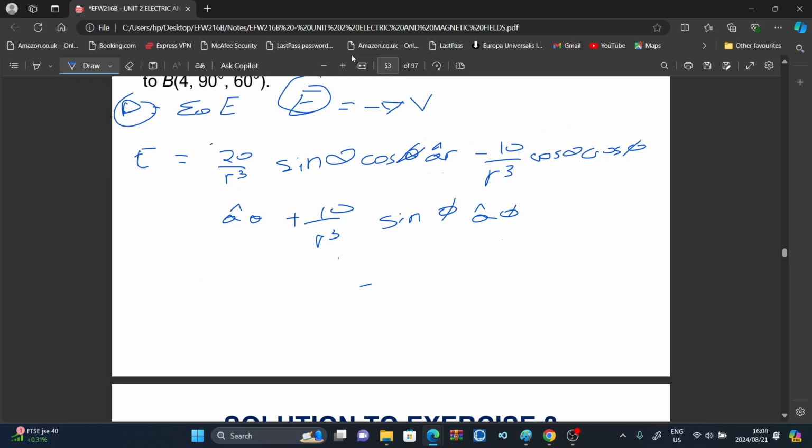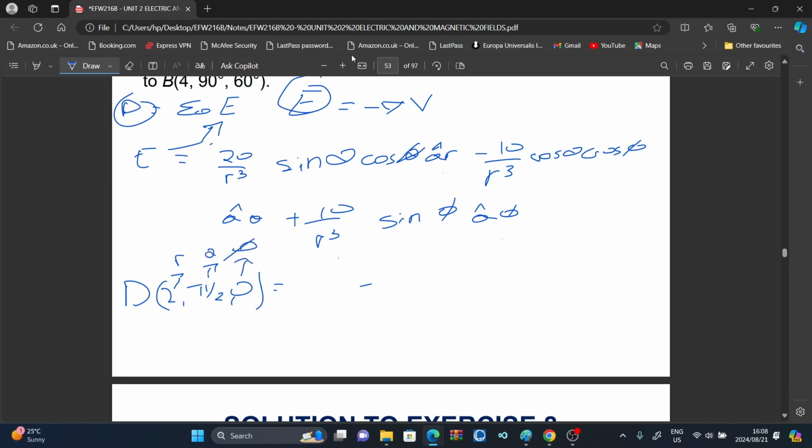So this is where you substitute your E into this equation there. And then you also substitute the other values. So you will have your D at, I think, 2, half pi and 0. So you substitute these values. That's your R, that's your theta, and this is your phi.